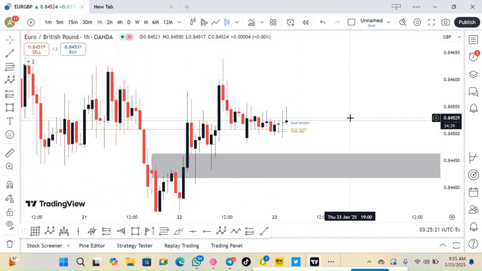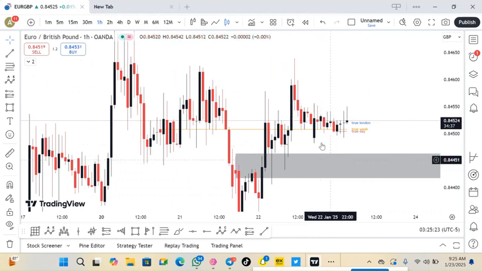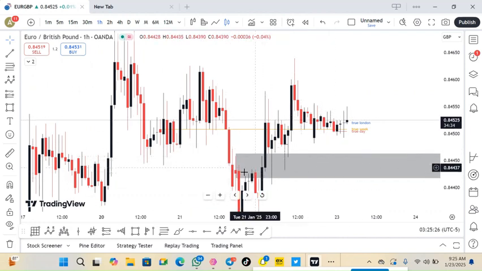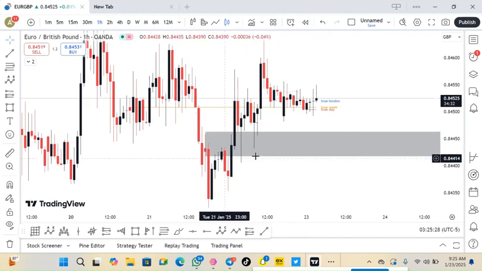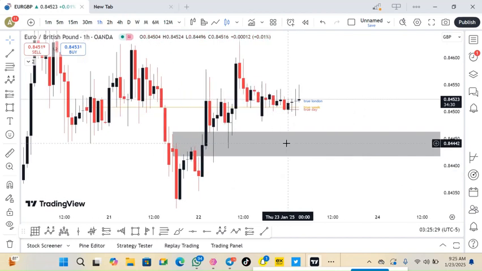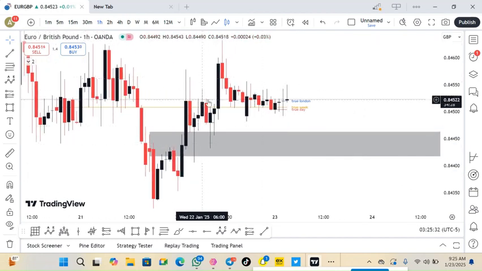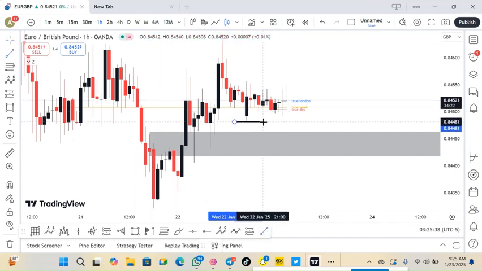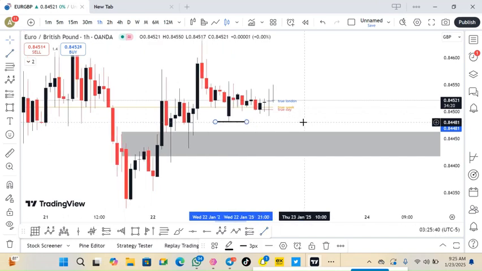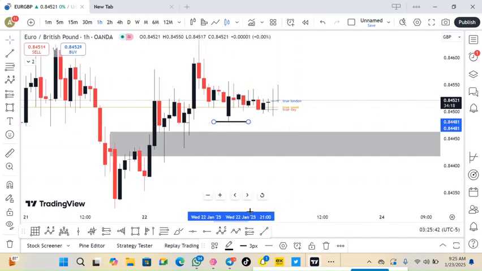Because if there's no sellers, there's no buyers. So we need more sellers for the minor range trend to resume. The first pullback we had was this area, and I think we have the second one here.